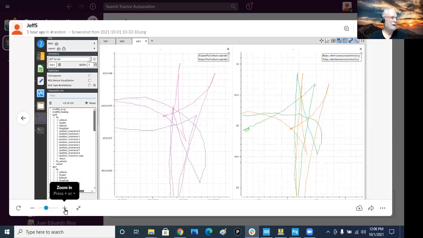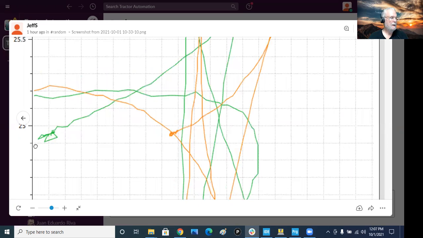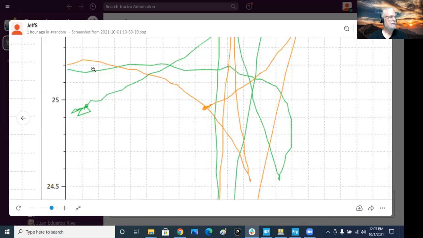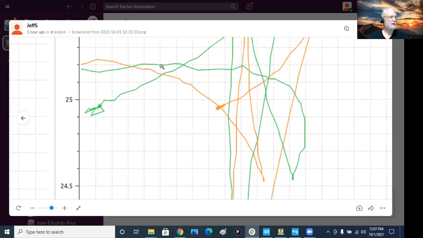Now if I come over here and zoom in, the front antenna is taking this path, the green one here, until I come to a stop, and the back antenna is taking this path until I stop. By putting in my correction, both of these are vertically at the same point. So it fixed it in one direction, yet there's still an offset in the other direction.